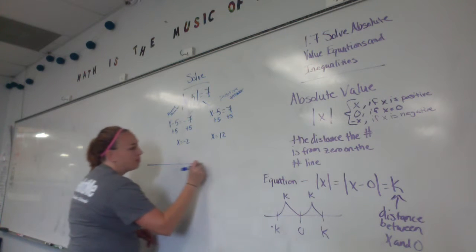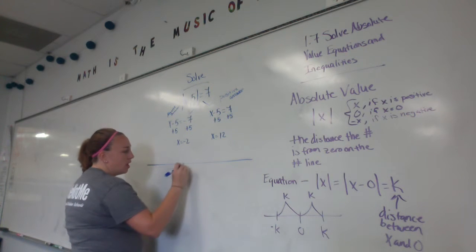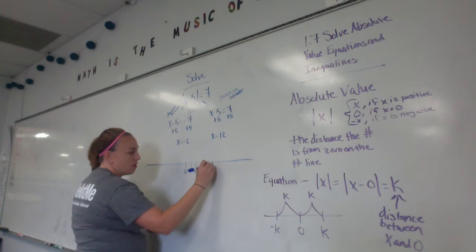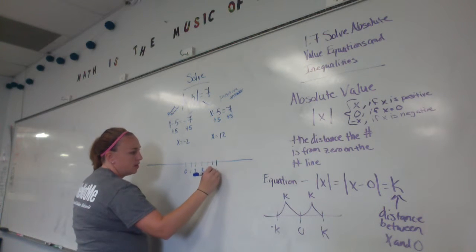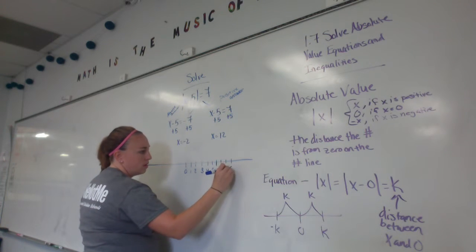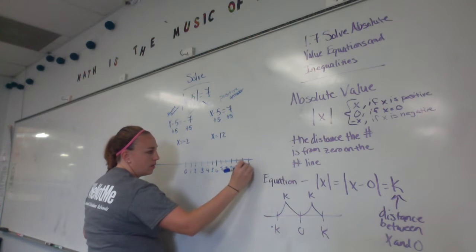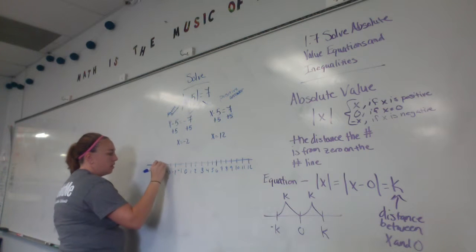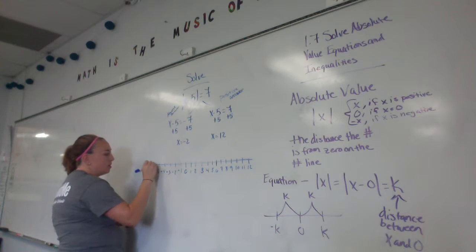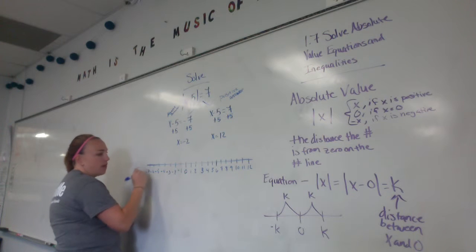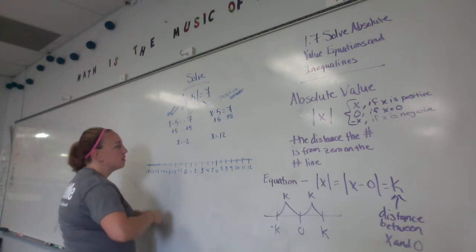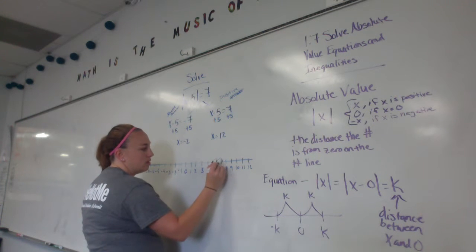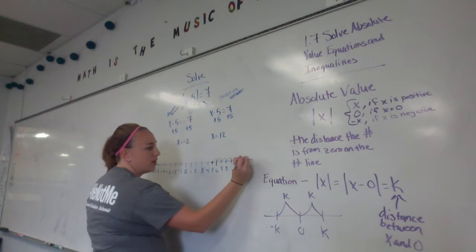So if I graph a number line, and zero is here, 1, 6, 8, 9, 10, 11, 12. What they're saying is from the number 5, if 5 is my starting point, 12 is 7 units away from 5. 1, 2, 3, 4, 5, 6, 7.